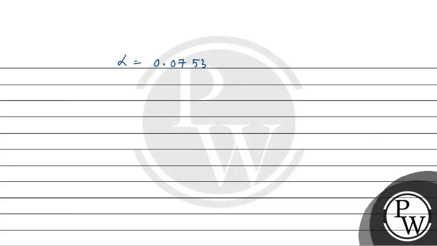So the concentration of CH2FCOO negative is equal to the concentration of H plus ions, which we saw was C alpha. The value of C we calculated as 0.5 molar, into alpha we calculated 0.0753.